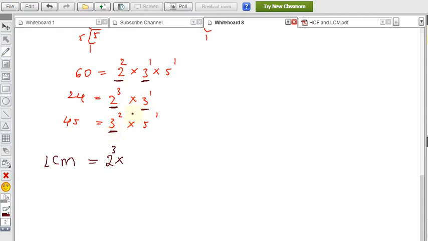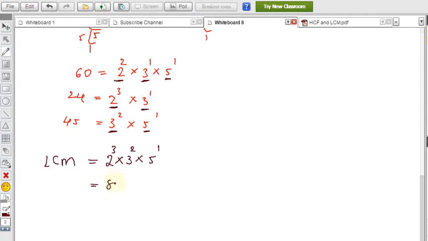From all the numbers, we should take the highest power, so 3 to the power 2. Then 5 to the power 1. If you simplify this, you'll get the LCM.